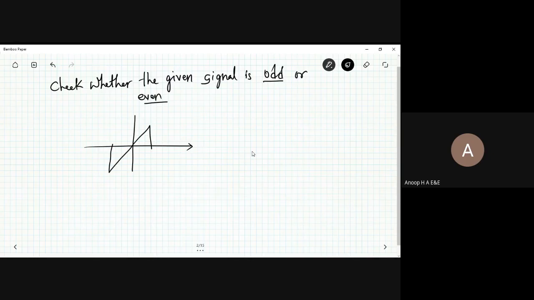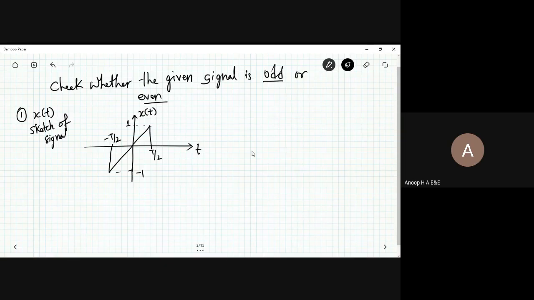This is a signal, and this one is t by 2 and this one is minus t by 2, and the magnitudes are 1 and minus 1. This one is t, and this is generally called x of t. The first one is x of t, the sketch of the signal I have written here.